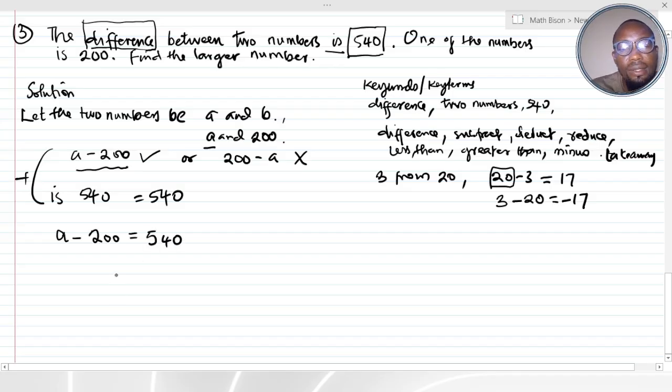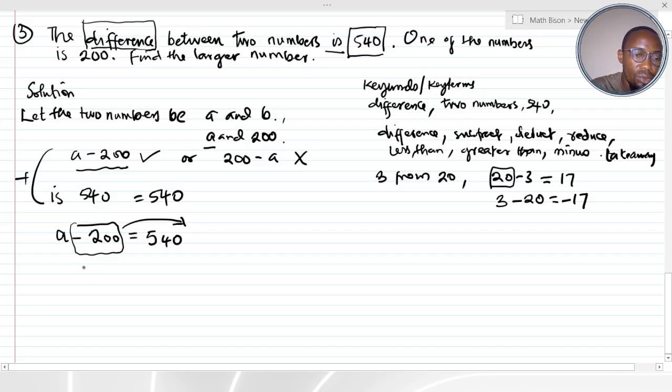Yes. In this case, what do we do next? At this point, in a simple algebraic equation, a number has 200 subtracted from it, and we get 540. So what do we do? All we need to do is to transfer this minus 200 to the other side by way of collection of like terms, because it's a constant and another constant, so the variable will be on one side.